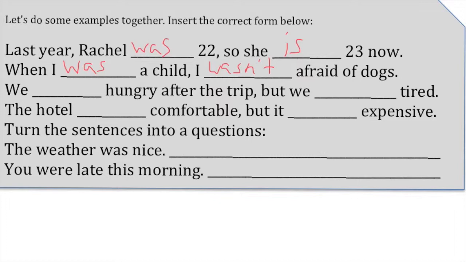Let's do the next one. We blank hungry after the trip, but we blank tired. Let's make the first one here positive and this one negative. So yes and no. First one, we was or we were.